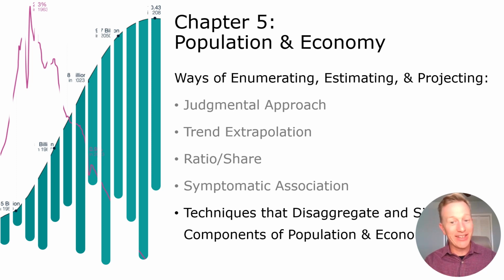And this last section is something that the authors introduce, but really you as a planner do not need to know too much about this. It's very complicated. You should understand just the basics of it, but if you're going to do this type of analysis, you're most likely going to hire an economist or a demographer. And that's using birth rates, death rates, and migration, and even sometimes ethnicity to develop a population projection.